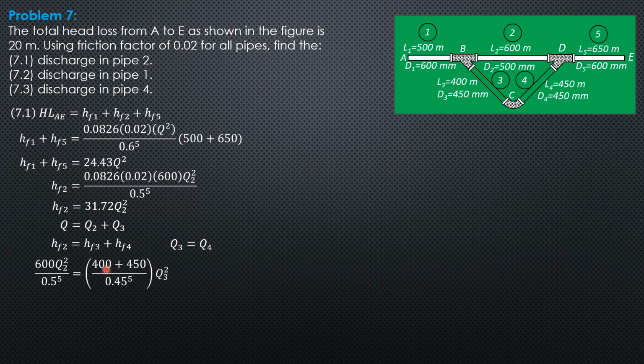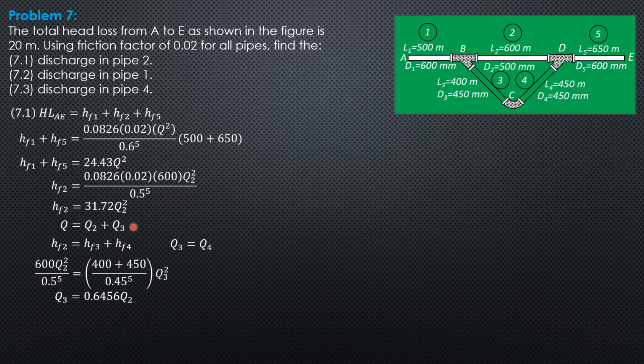Q4 square is also Q3 square, so it is common. So we can now express Q3 in terms of Q2. Q3 is 0.6456 of Q2.